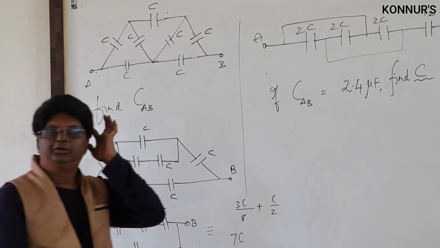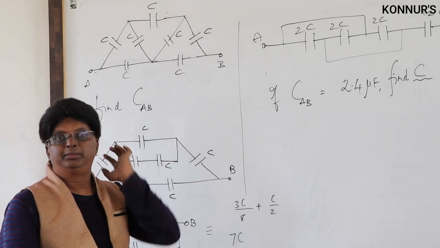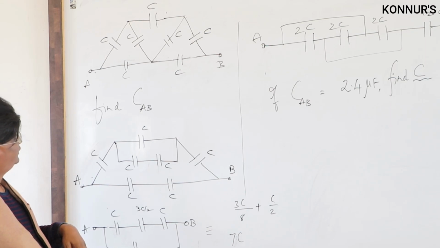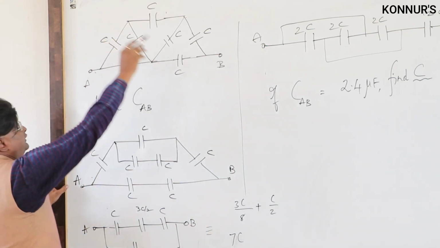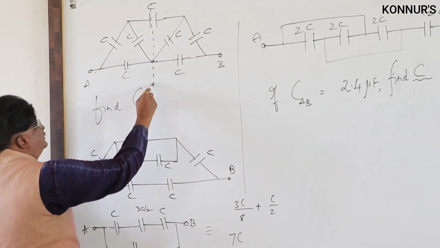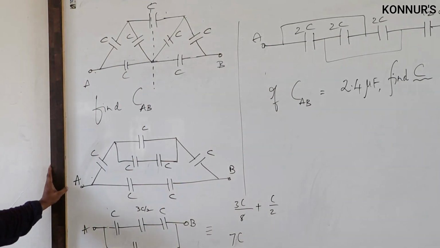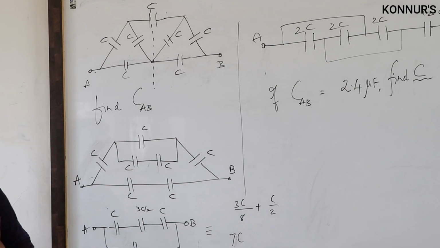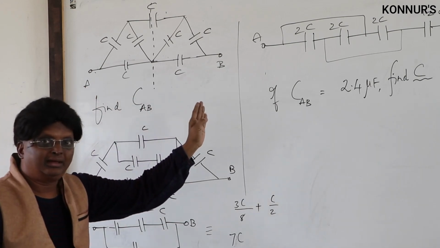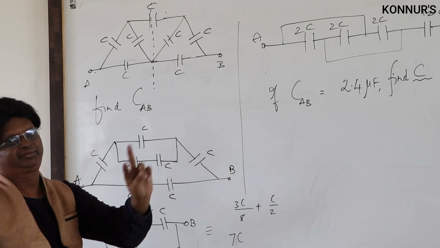You find one very important thing when I ask you to see this entire network: suppose you draw one line. Why particularly at that line? Because when I draw such an imaginary line, you will find the total figure as mirror images.